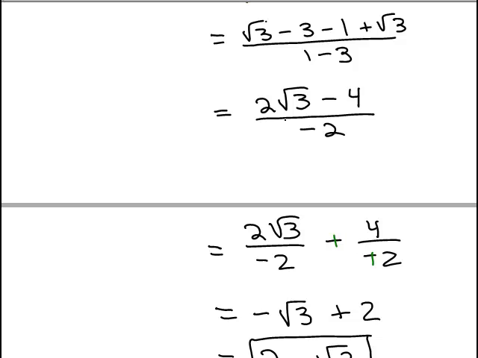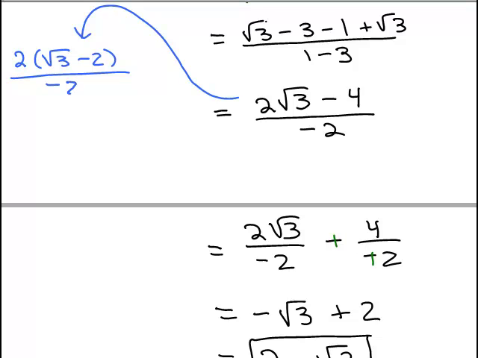Now, another way you could have done this is factor out a 2. Just keep in mind another way to simplify that exact same thing is you could factor out a 2, which gives you square root of 3 minus 2. And then you're dividing by a negative 2. So when you cancel the 2 and the negative 2, you still have a negative 1 down here. And you don't leave a negative 1 in the denominator.